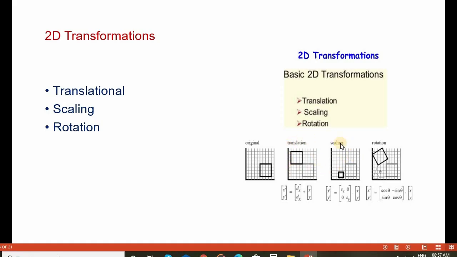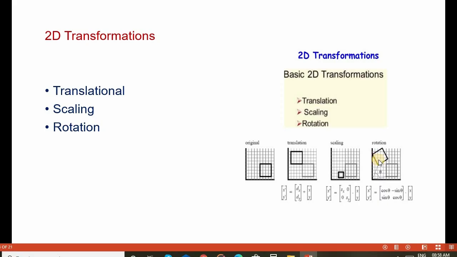Another process is called scaling. This is the original position. After scaling, the size can be reduced or it may be enlarged. So either reducing the size from the original position or enlarging it is called the scaling process.